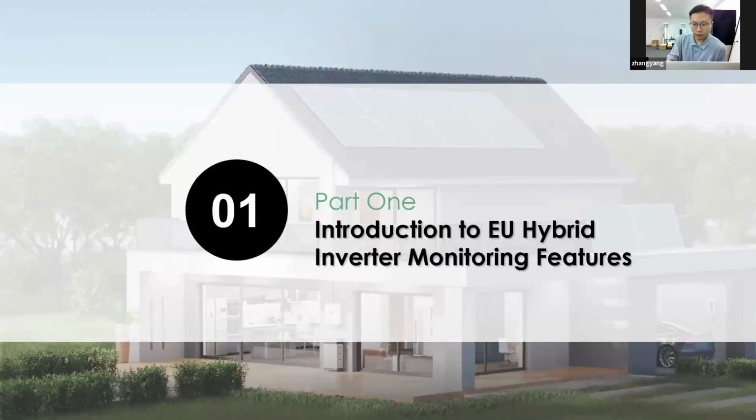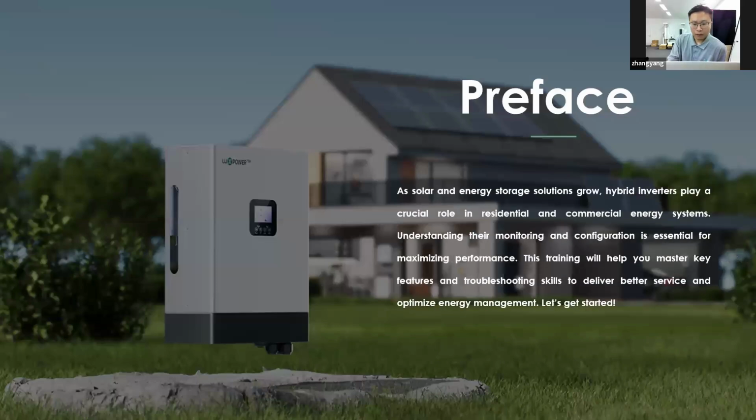So here's part one. Actually, I think every PV system or inverter company provides clients a monitor platform, and Luxpower does the same. But we have some special things, because all the software and hardware are developed by our own company.